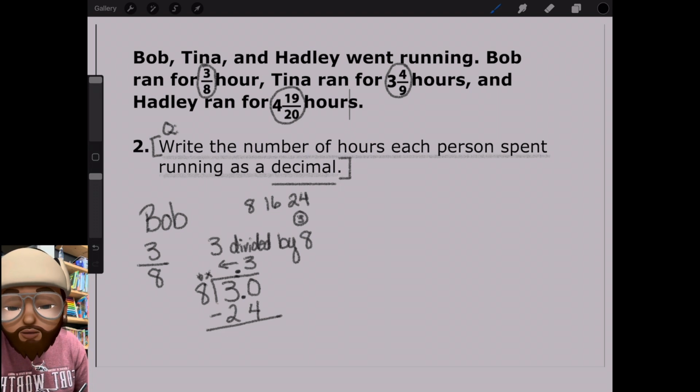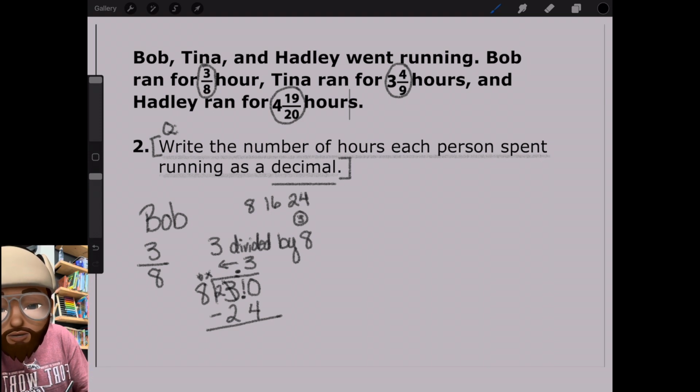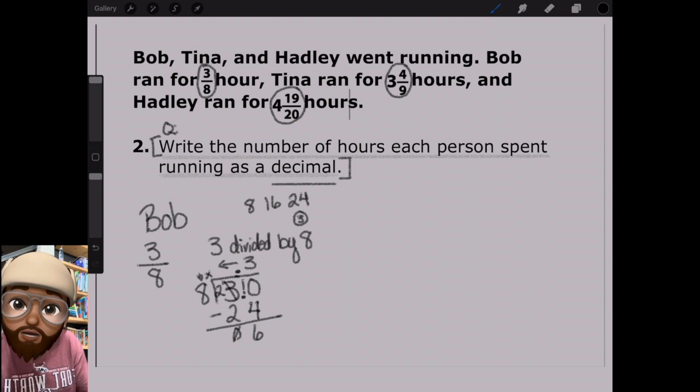We have 30 minus 24, so let's borrow from 3, make that 2, 10, 9, 8, 7, 6. 2 minus 2 equals 0. Therefore, we're left with 6. And we keep going just like that.